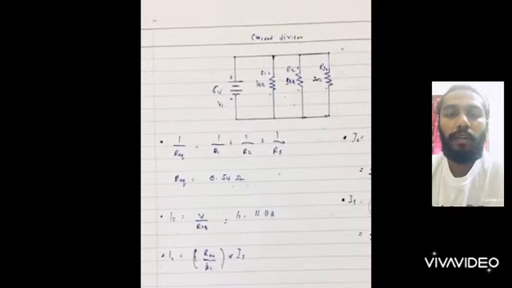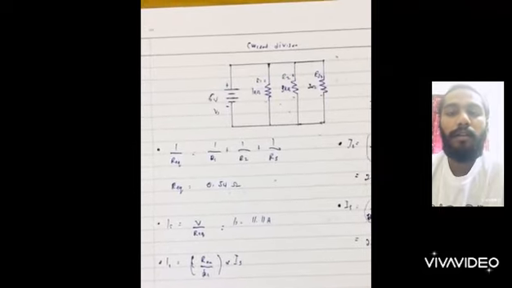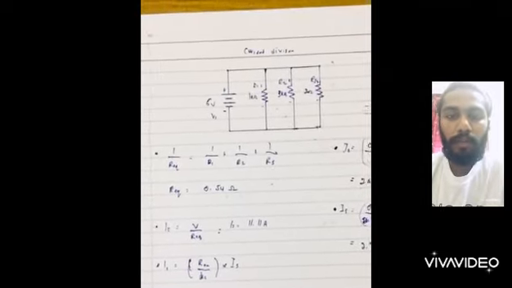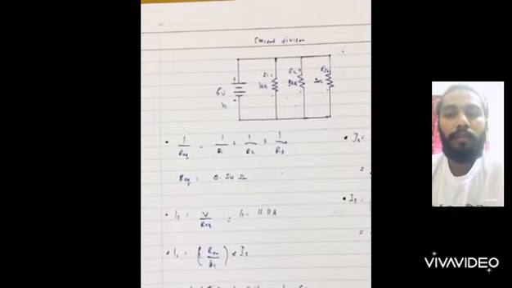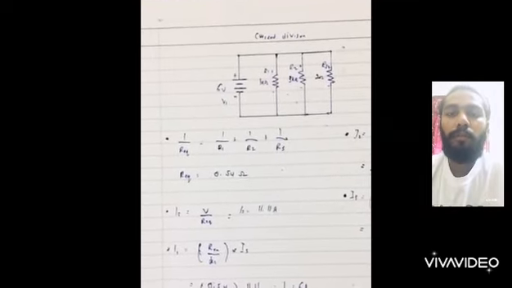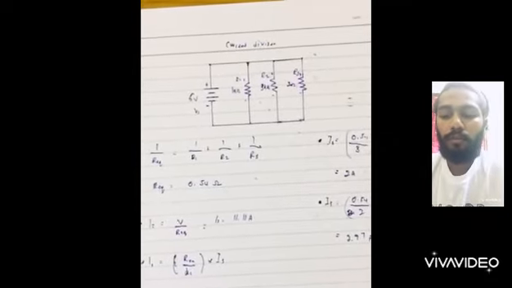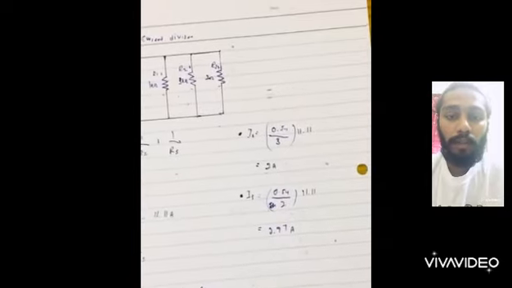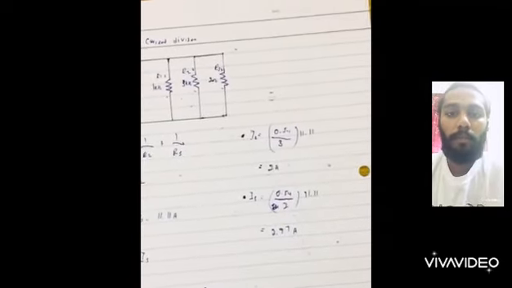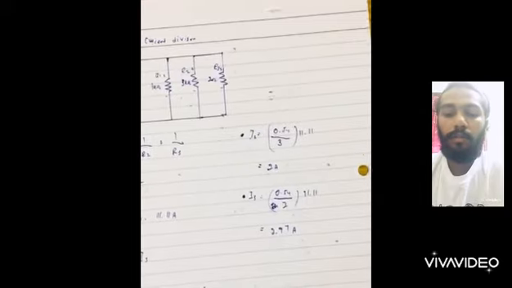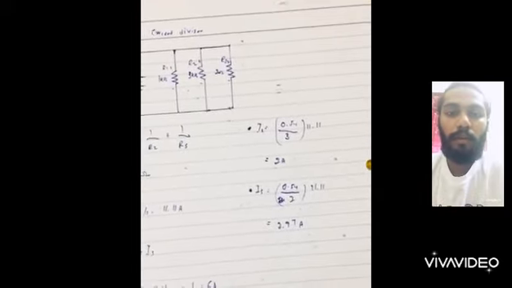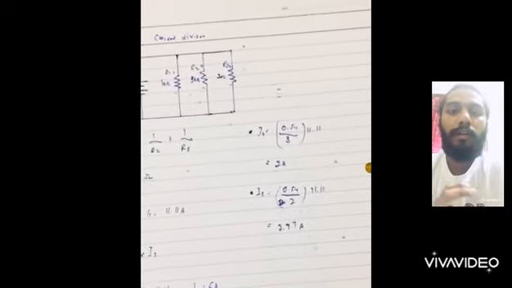The second step is to find I1, which is at R1. R equivalent over R1 times Is. So 0.54 over 1 times 11.11 ampere. So the answer is 6 ampere. Next, I2 is 0.54 over 3 times 11.11. So I2 is 2 ampere.